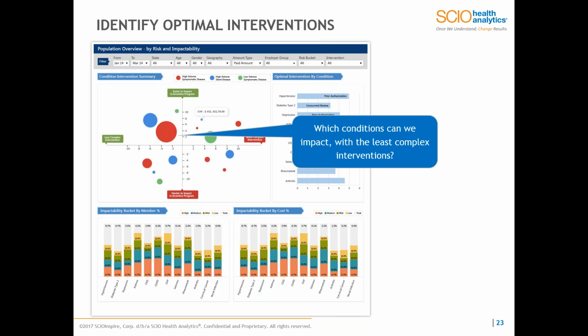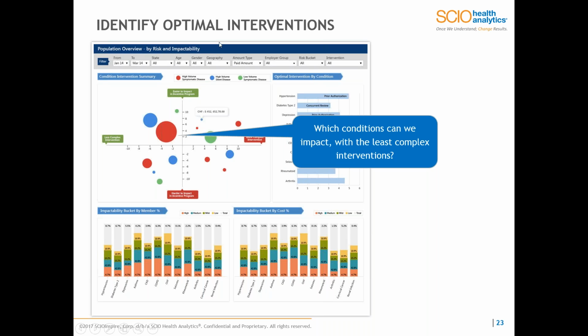So you could actually incentivize a population, and there are different incentives that people respond to. So we have a whole analytic capability of looking at what type of incentive for what population, and what type of program has the best chance for them actually being able to comply with and engage in that program to drive the best results.